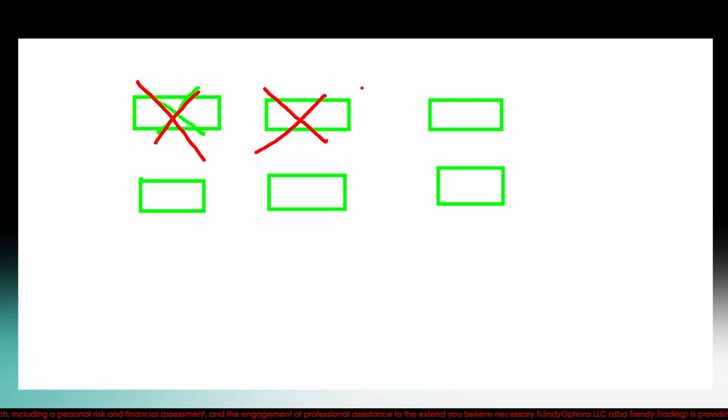So what do they do? They skip the next trade. This one goes, and then they're FOMO'd and they feel bad. So they take the next trade. This one. But it only goes a little bit like this, and they only make 2 points.